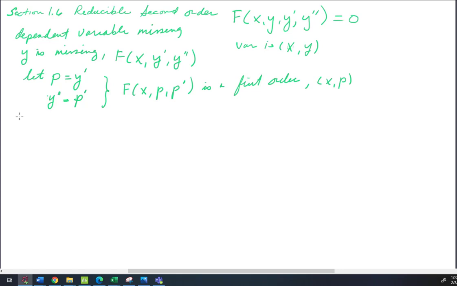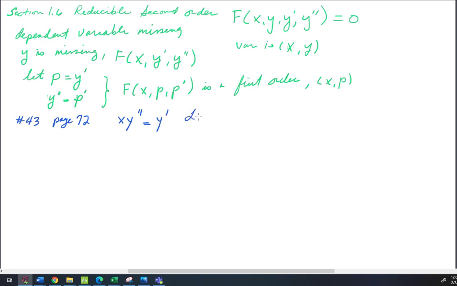And so let's look at problem number 43, and that's at least about on page 72 or 73, somewhere around in there. So the equation is x y double prime equal y prime.